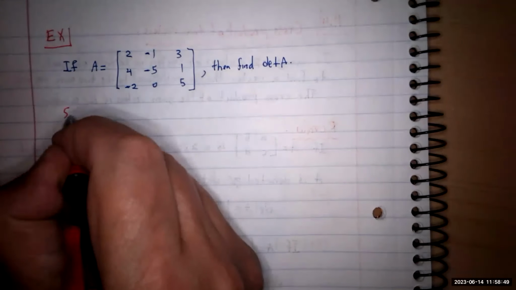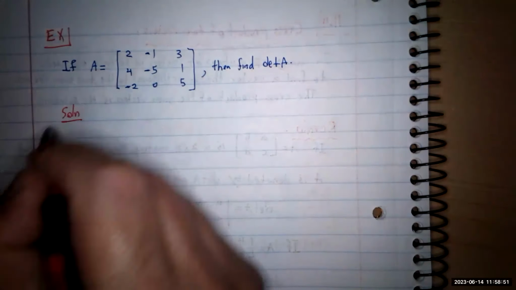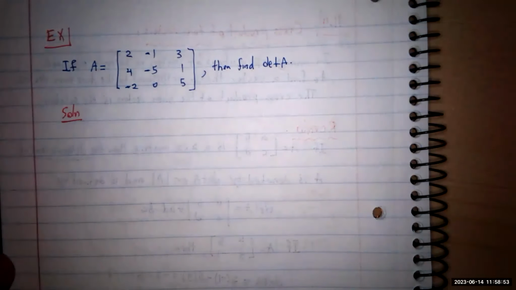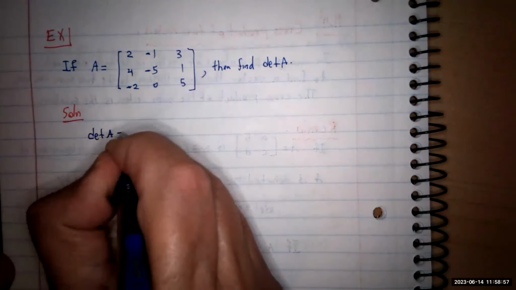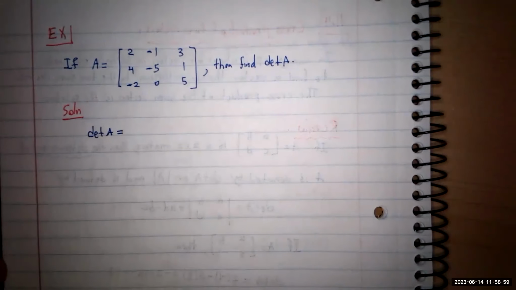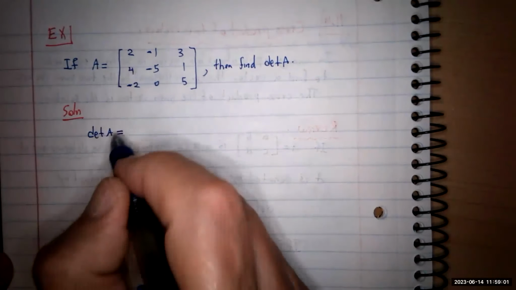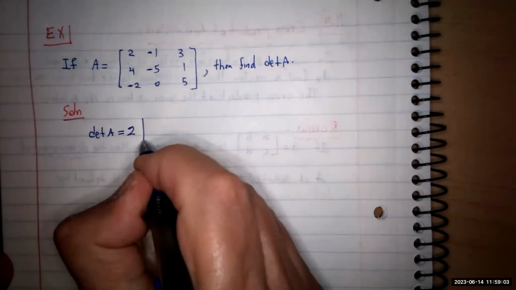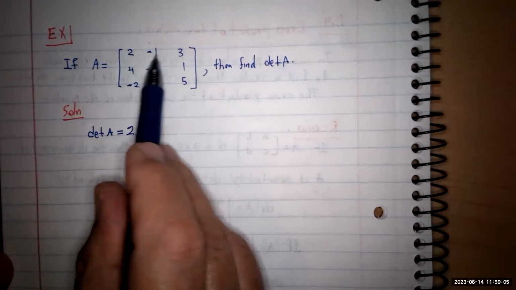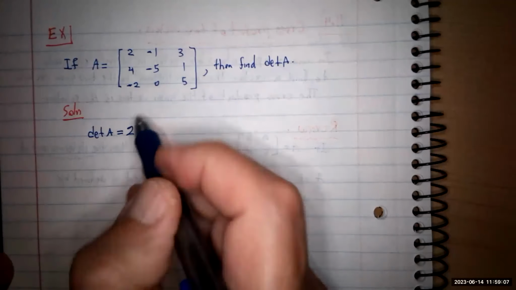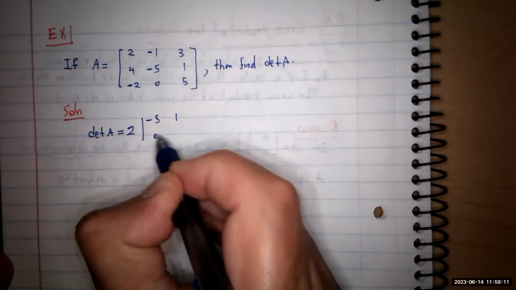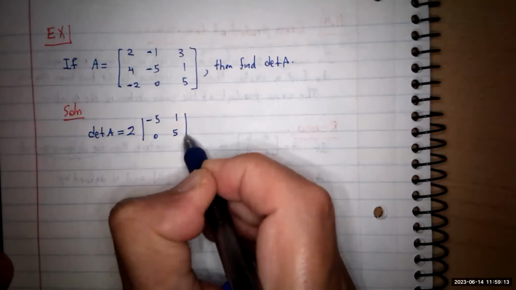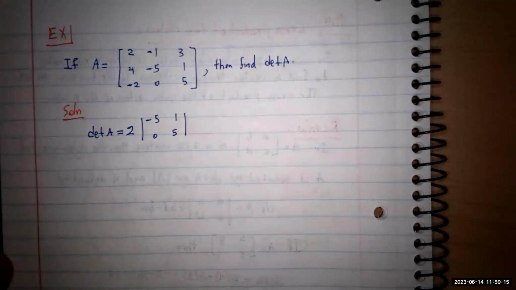Solution. Start with the first row and expand along it. The determinant of A is equal to 2 times the determinant of, you see, eliminate the first row, first column. So the resultant matrix is negative 5, 1, 0, 5. Then you come back and find the determinant. Okay, that's the first part.